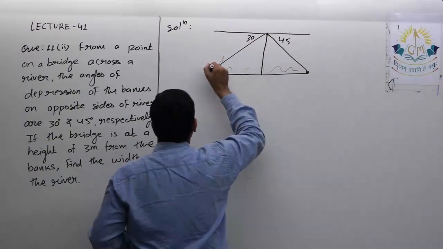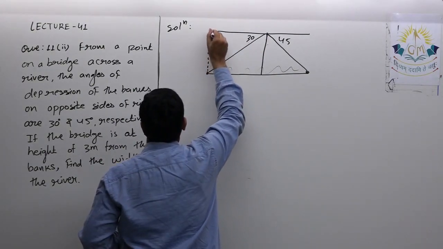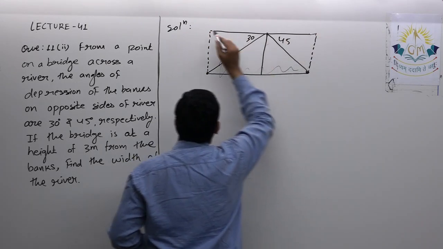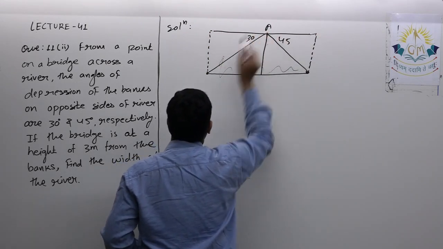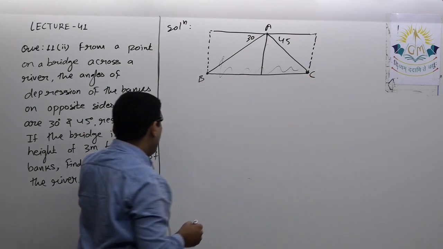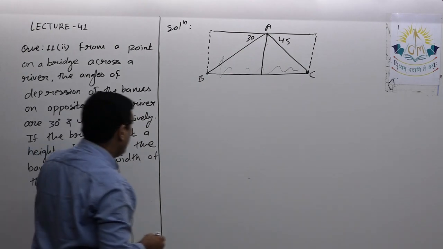But obviously pillars will be there, bridge won't be like this only. So we'll get the diagram. So let A be the point of observation, B and C are the banks of the river.